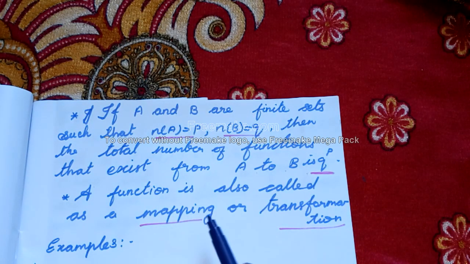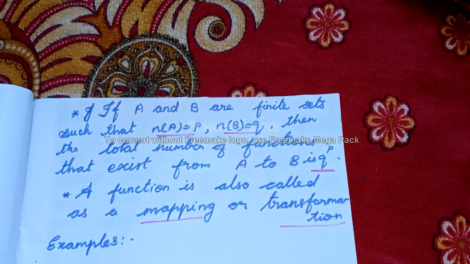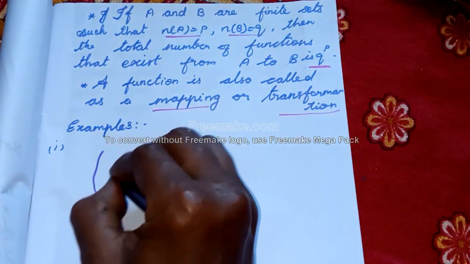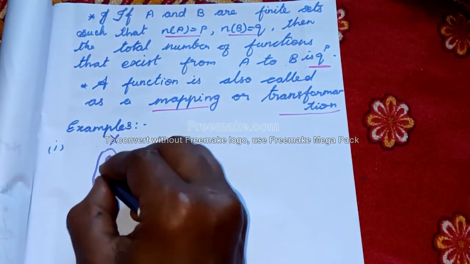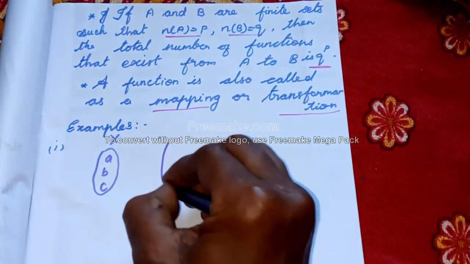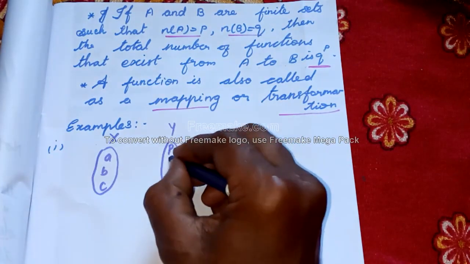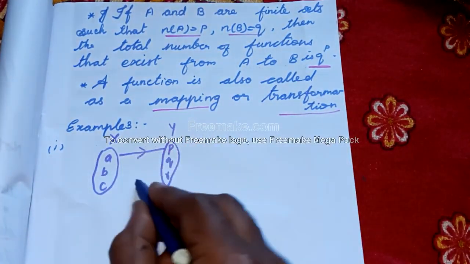Now I am giving some examples. First example: X is A, B, C. This is one set. Next Y is P, Q, R. Now A is related to P, B is related to Q, C is related to R. Can you say whether it is a function?